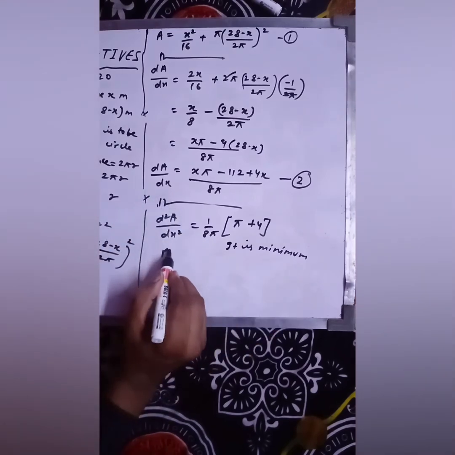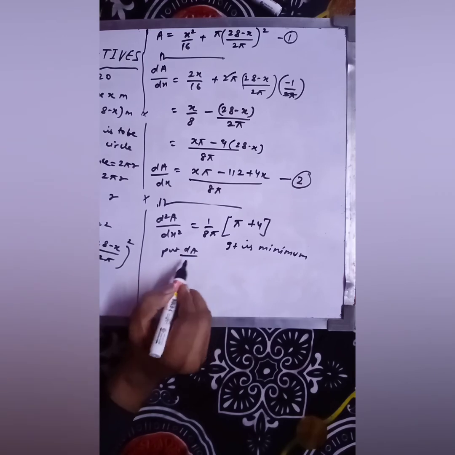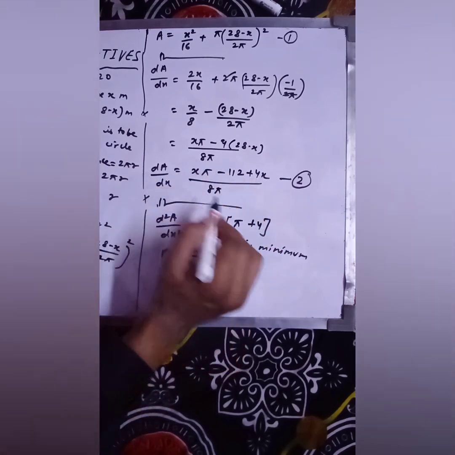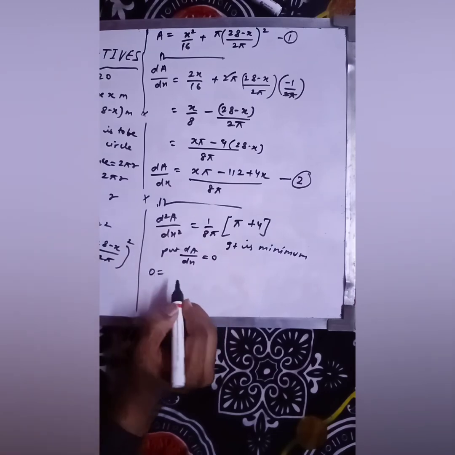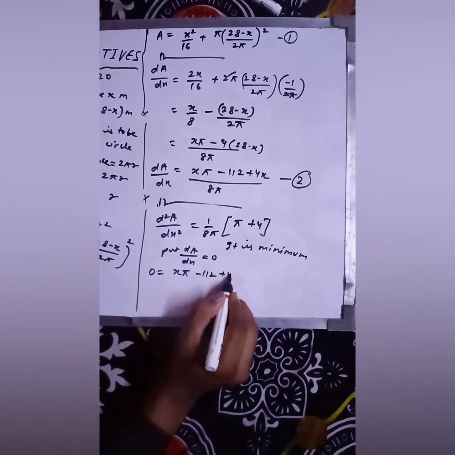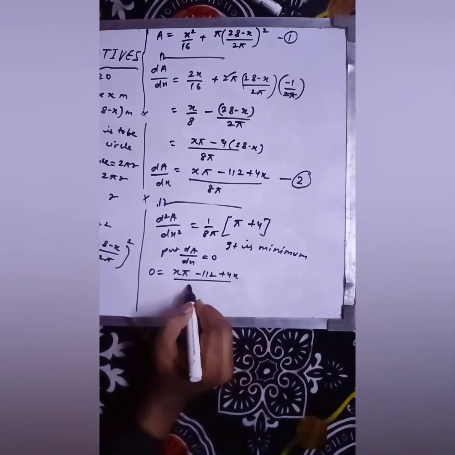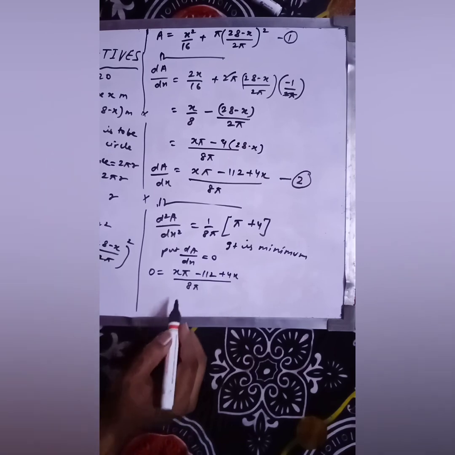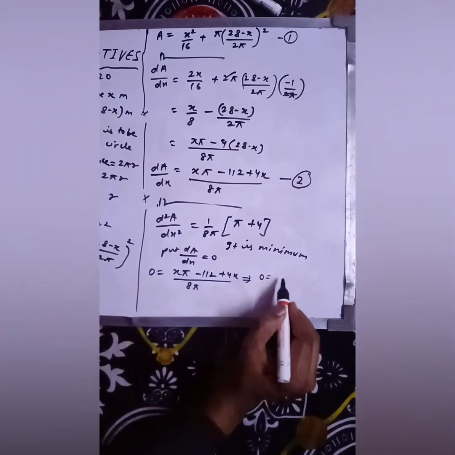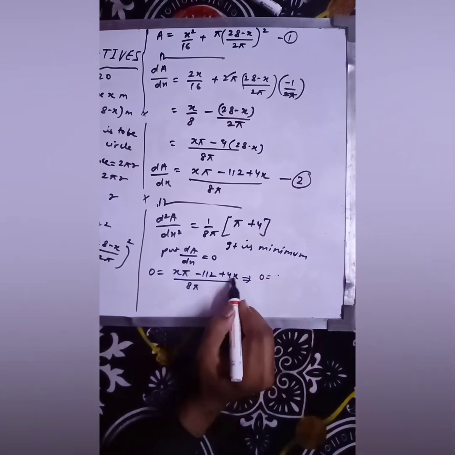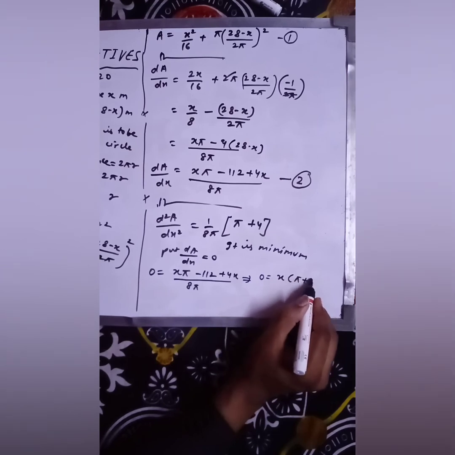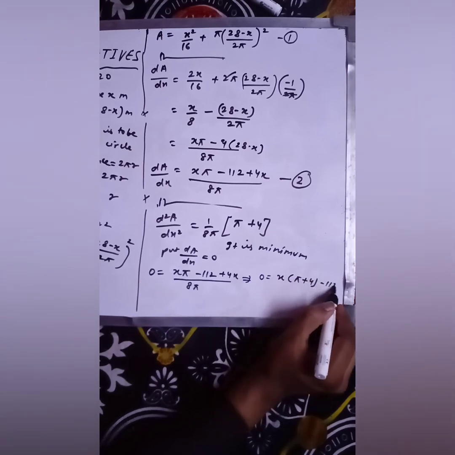So put dA by dx equal to 0 in equation 2. So 0 will be equal to x pi minus 112 plus 4x over 8 pi. When you cross multiply, you get 0 equals, taking x common from these two, x times (pi plus 4) minus 112.